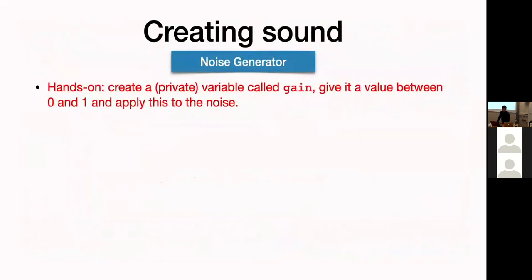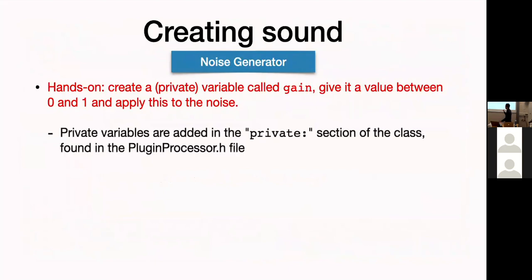All right, maybe the last thing before we take a short break, try and create a variable called gain. And you can make this private. Private variables are basically for object-oriented programming. You can create private variables that are only visible to the class, so it's kind of a programming safety feature.